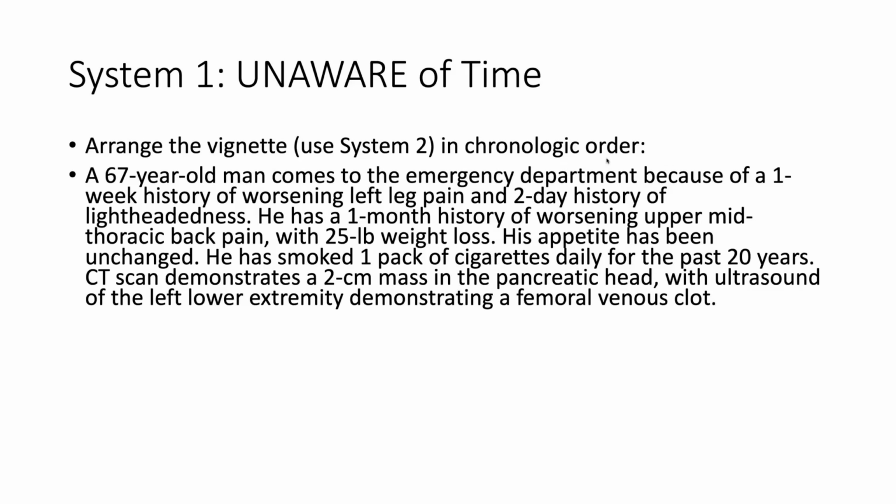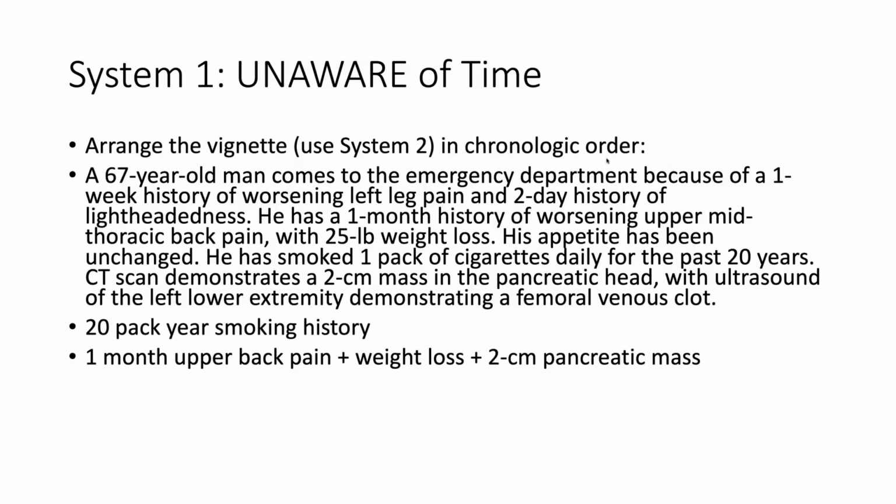This was a healthy man, and then he started smoking, which is a risk factor, 20 years ago. That's a long time. And that increases your risk of a lot of things, but he has a CT that demonstrates that he has a mass on the pancreas. Maybe he starts smoking, this increases risk to develop pancreatic cancer, and pancreatic cancer develops hypercoagulability.